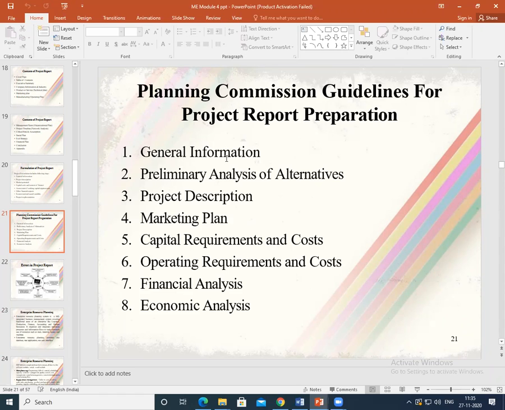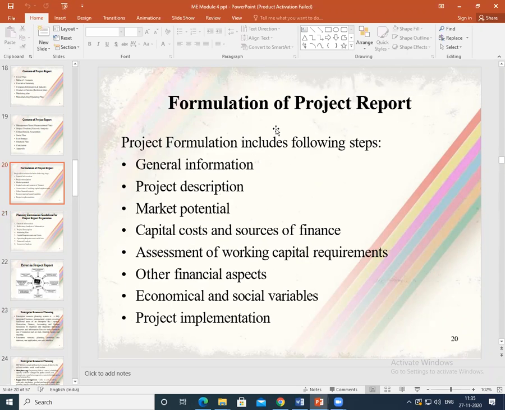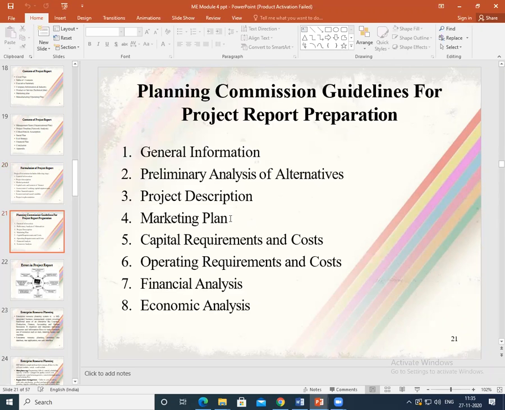It consists of basic general information, the same as in the formulation of a project report. So general information here also. Then the preliminary analysis of the alternatives, the description, marketing plan, capital requirement and cost, operating requirements and cost, and the financial analysis.